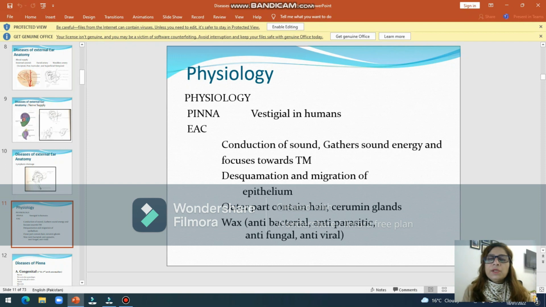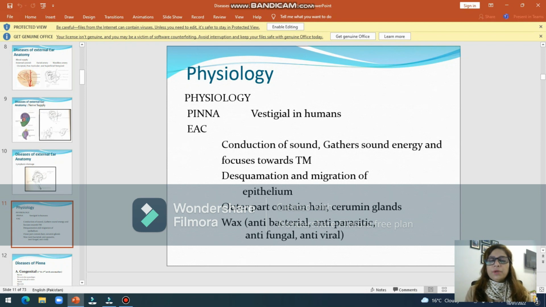The desquamated epithelium comes out through the posterior meatal wall and brings out wax through this migration, because the outer part of the canal has ceruminous glands that form the wax. Wax is present only in the outer one third of the canal, and through this migration of the epithelium, the wax naturally comes out.